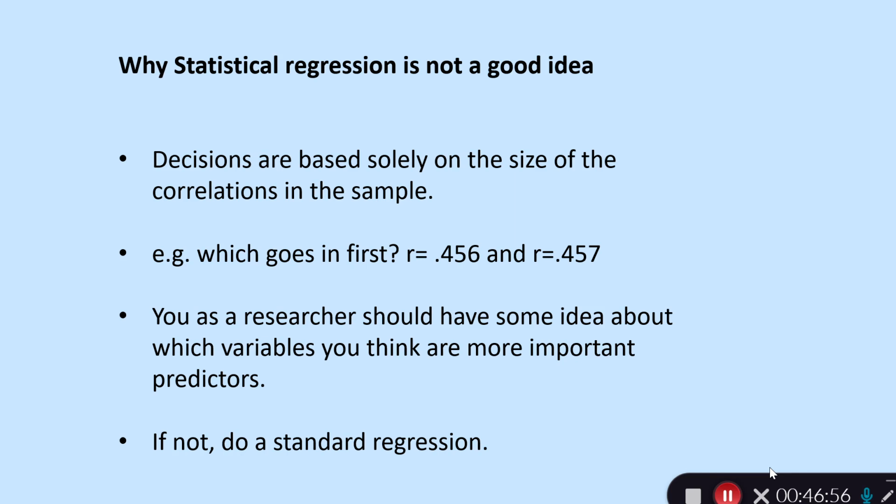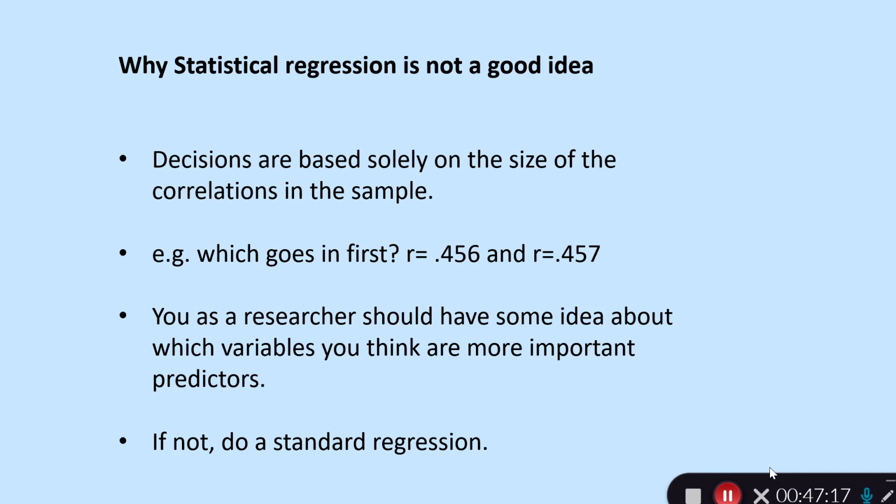So decisions based solely on the size of the correlations in the sample are not a sensible way to approach this. For example, which variable would go in first of two that have very similar correlations? In this case, R equals 0.456 or R equals 0.457.